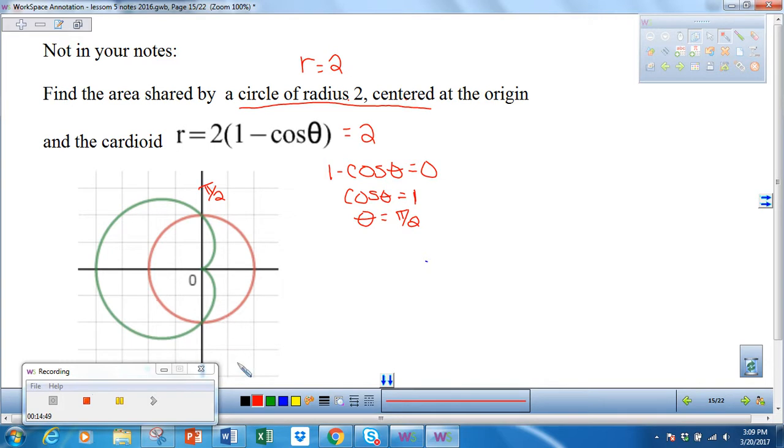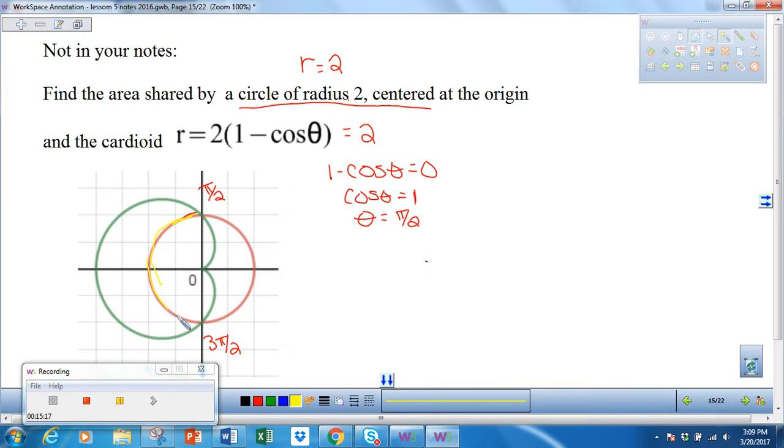Now, looking at this, I can tell that this is going to be both pi over 2 and 3 pi over 2. Okay? But when I go from pi over 2 to 3 pi over 2, again, it's how I'm sweeping. Let me get a different color so you can see. Let me get the yellow, that'll be good. I am sweeping this way.